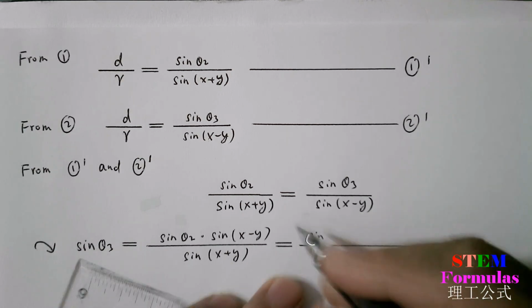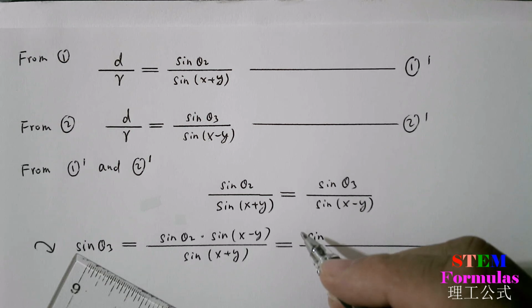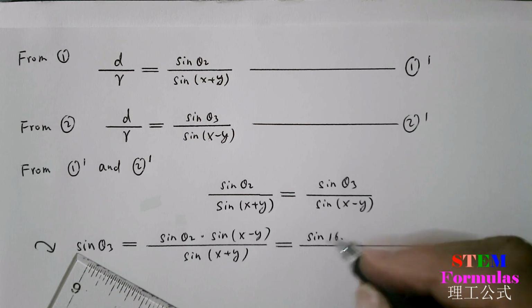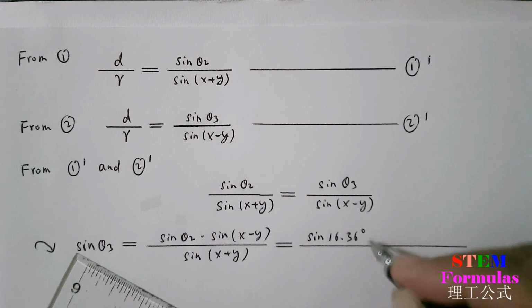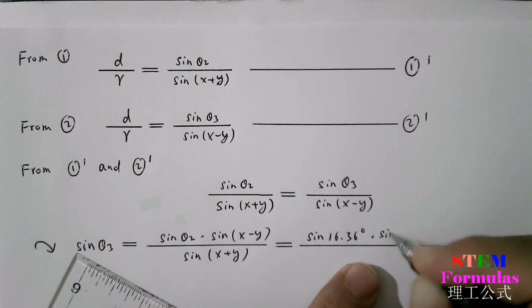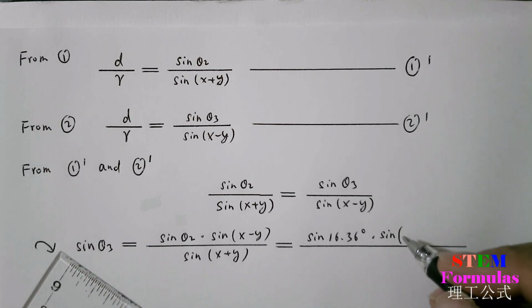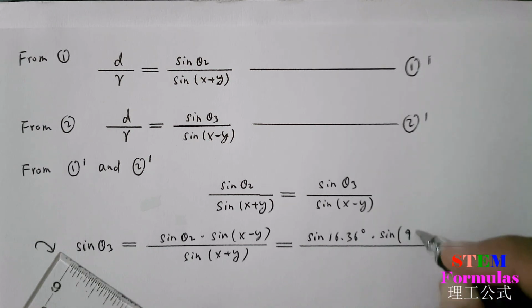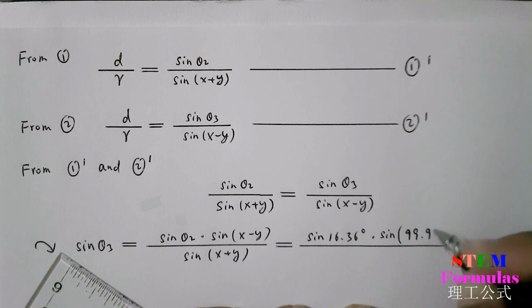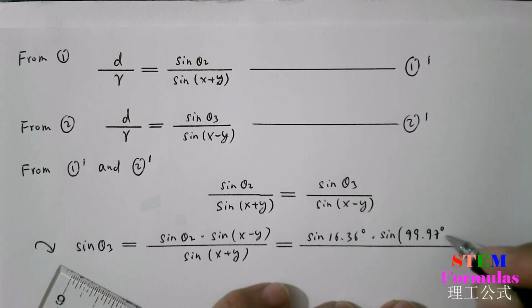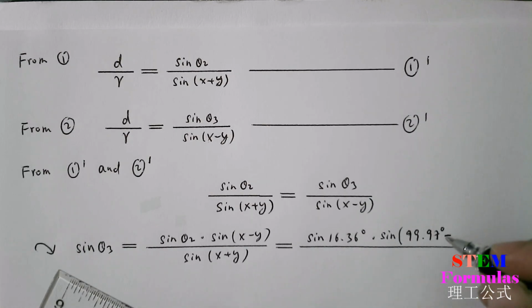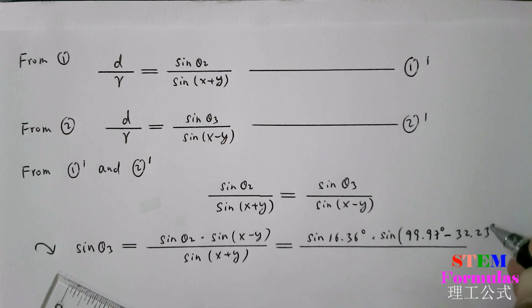So sine theta 2 I have already, 16.36 degrees, and times sine x minus y, x equal 99.97 degrees minus y, I have 32.23 degrees.